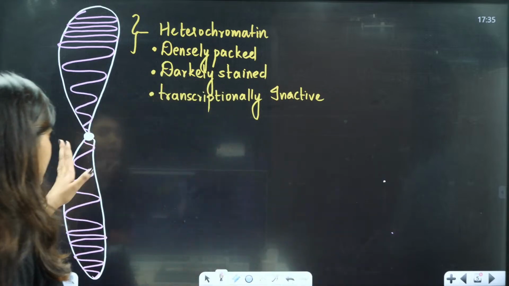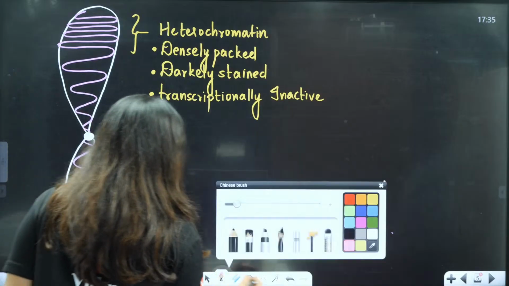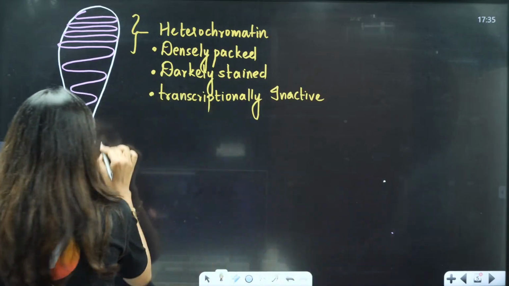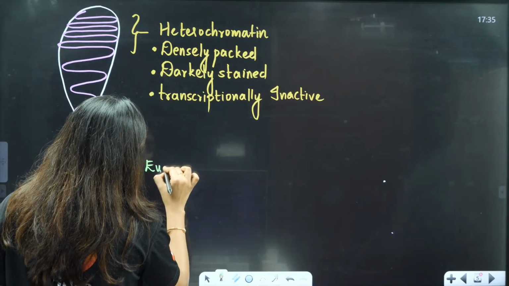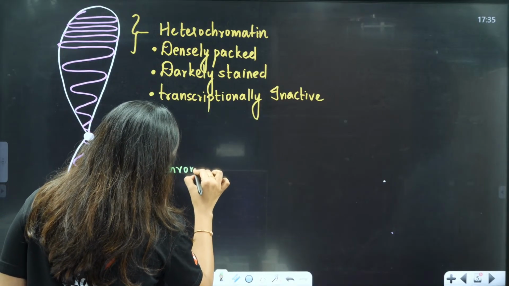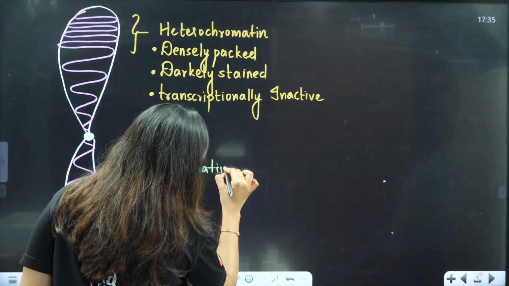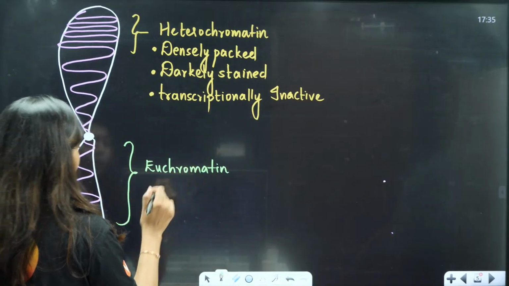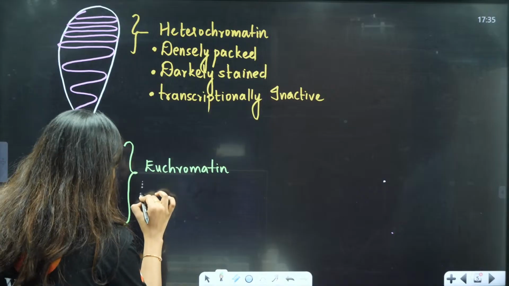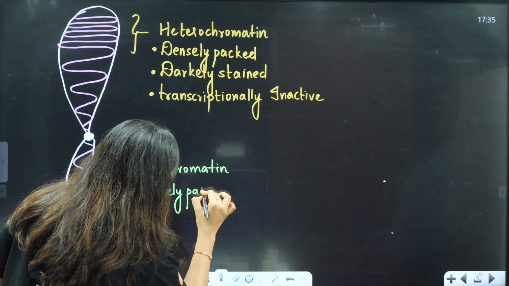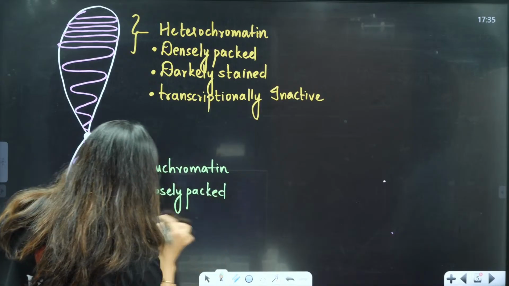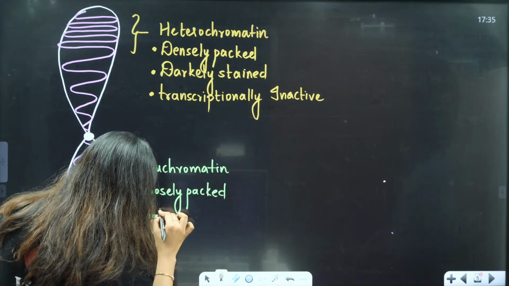So transcriptionally inactive. Now look students, here these are loosely packed. These are called euchromatin. Euchromatin is loosely packed, so loosely packed and lightly stained.